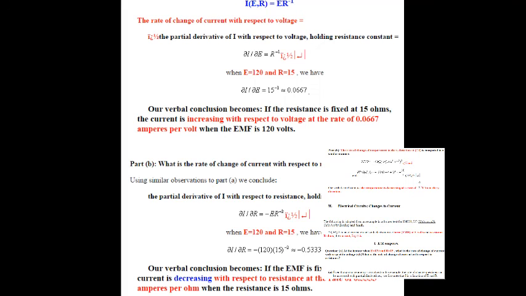Our verbal conclusion becomes: if the EMF is fixed at 120 volts, the current is decreasing with respect to resistance at the rate of 0.5333 amperes per ohm when the resistance is 15 ohms. The negative sign shows decreasing.